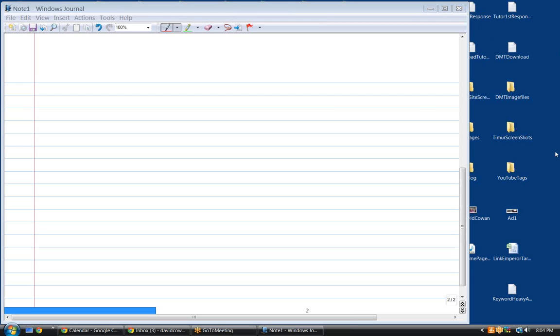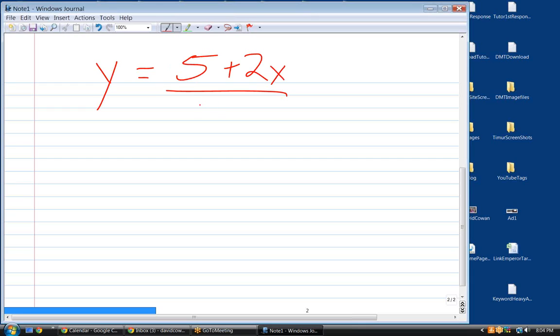Okay. So this says, what are the equations for the vertical and horizontal asymptotes for y equals 5 plus 2x over 3x minus 4? Let's do the easiest ones first.